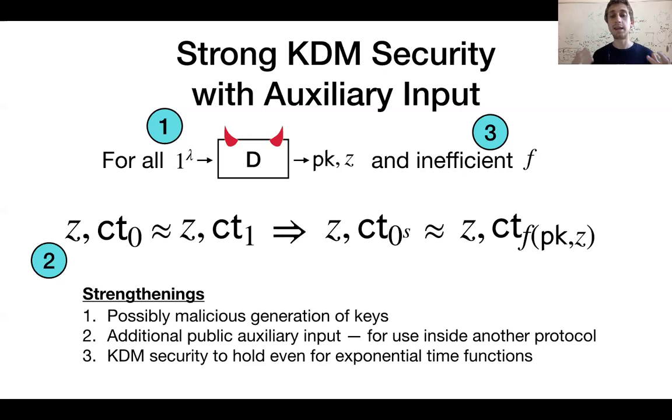So you can think of this as KDM security even for exponential time functions. And this captures normal KDM security, because this is an exponential time function, it could even compute the secret key and then run a polynomial or even more expensive algorithm on the secret key.